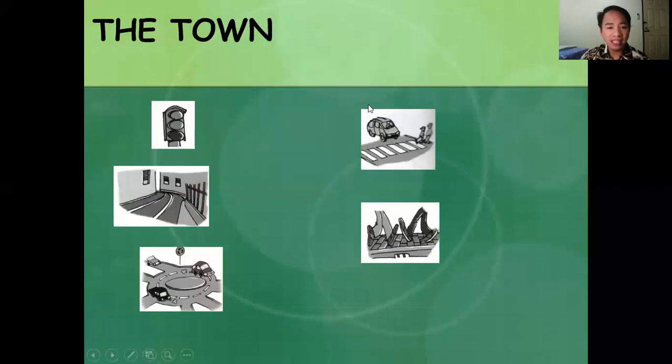So let's start with this photo. So also we can find these different things in town. So the first one is a traffic light. Okay, this is a traffic light. Take note, if you are driving, you have to follow the traffic rules.